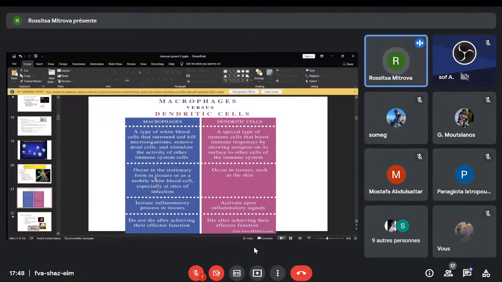The macrophages occur in the stationary form in tissues or as a mobile white blood cell, especially at the sites of infection, while the dendritic cells are not in the blood, they occur in tissues and the skin.